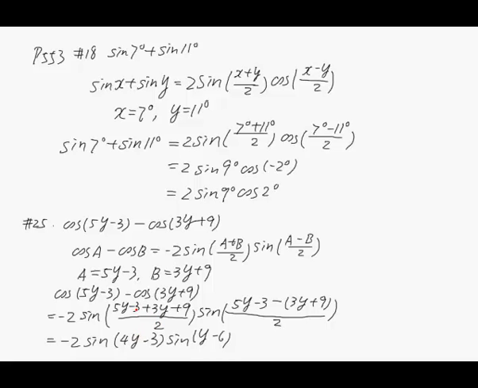And negative 3 plus 9 you have 6, so that should be plus 3 over the whole, giving sine of (4y plus 3). And 5y minus 3y you have 2y, over 2 you have y. And negative 3 minus 9 you have negative 12, negative 12 over 2 you have negative 6. So you get negative 2 times sine of (4y plus 3) times sine of (y minus 6).